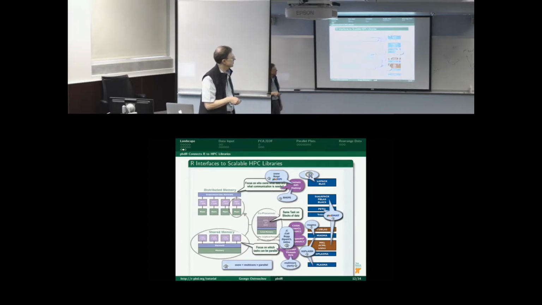HiPLARM is also a very recent development from the UK, and they connected to the Magma and Plasma libraries. For a while we entertained joining with them, and we still might. But in a sense, when we're using these, Magma can be plugged into ScaLAPACK.